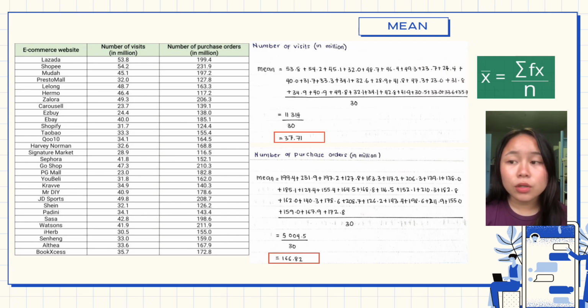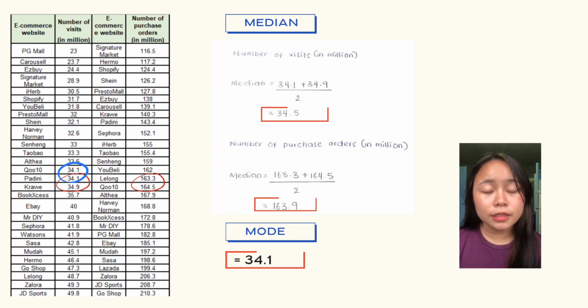My answer for the number of visits is 37.71, and my answer for the number of purchase orders is 166.82.